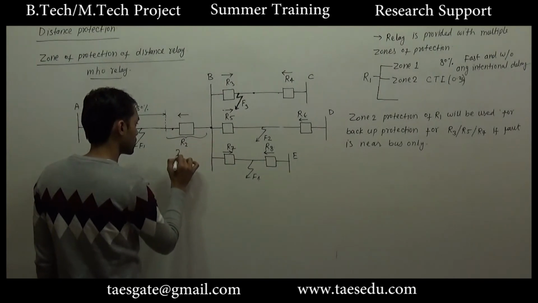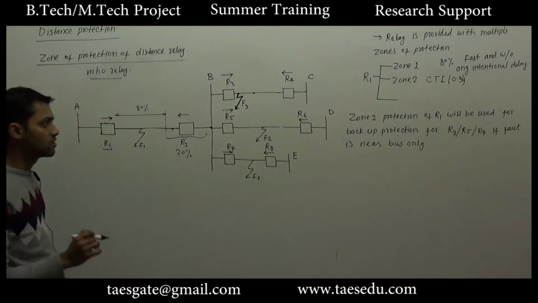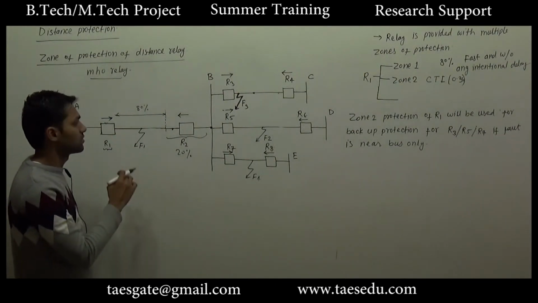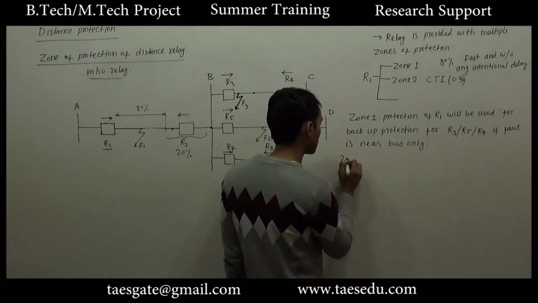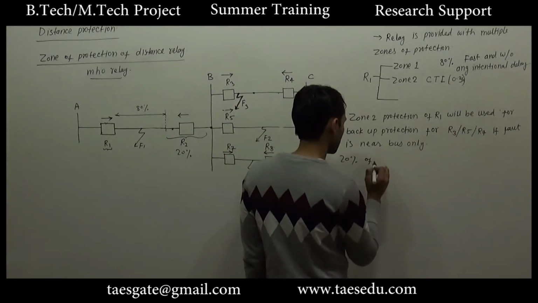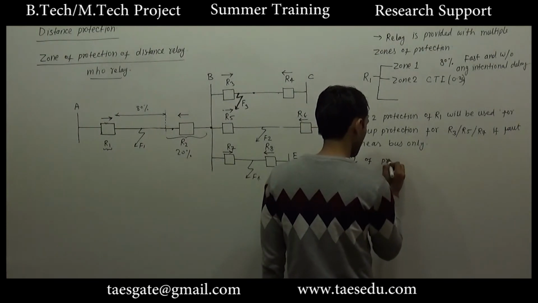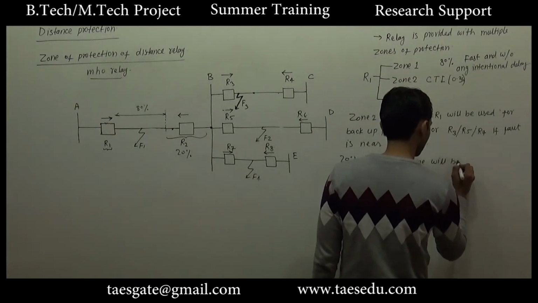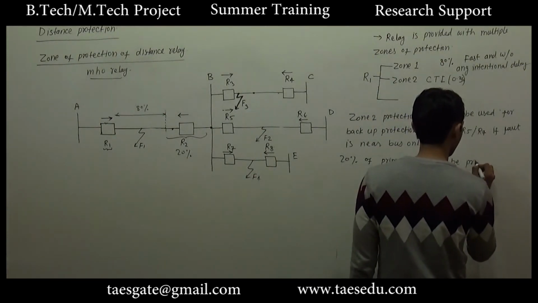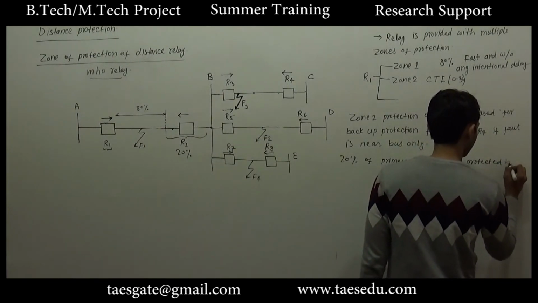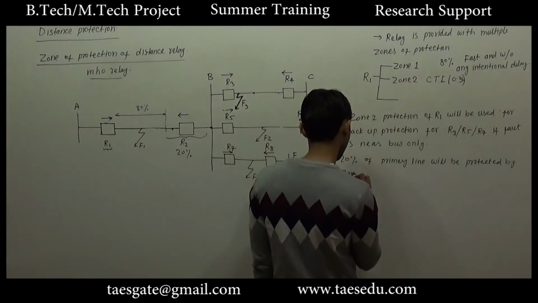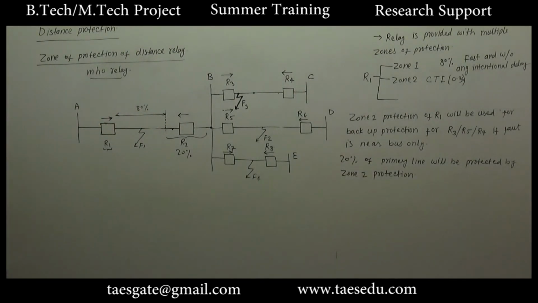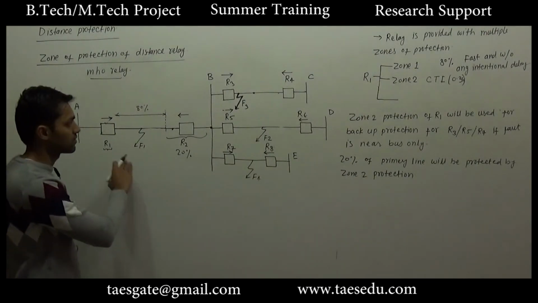So the rest 20% of line 1 will be protected by zone 2 protection of relay 1. 20% of the primary line will be protected by zone 2 protection, and this is not true only for relay 1.